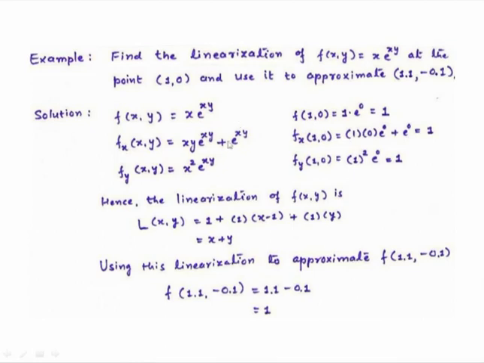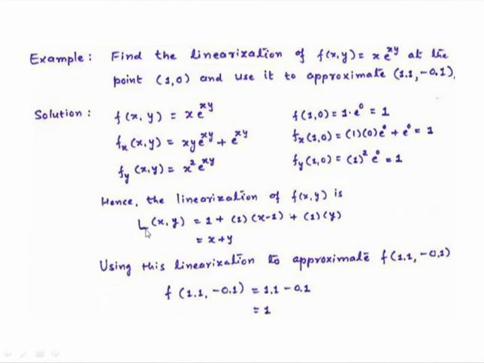Now, we know the linear approximation for the function f of x, y is denoted as L of x, y, and it is the same as f of x0, y0 plus (x minus x0) times fx at x0, y0 plus (y minus y0) times fy at x0, y0.